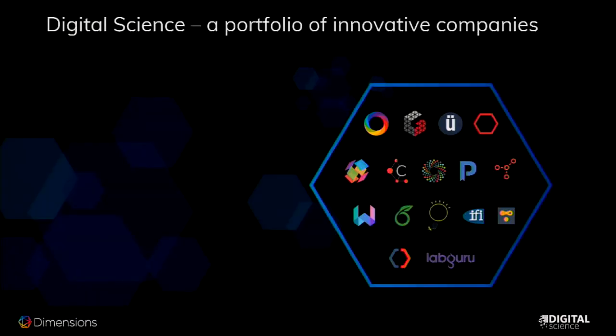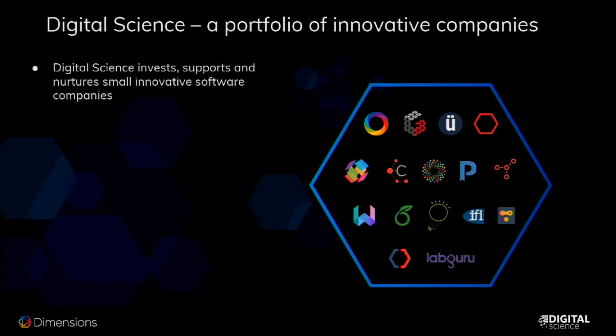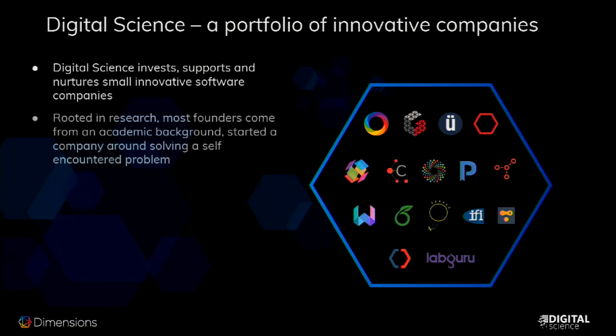So Digital Science is a portfolio of companies. You might recognize some of these logos, including Overleaf, Figshare, Symplectic, Altmetric, ReadCube. Basically, Digital Science is kind of an umbrella company. We invest in, support, and nurture small companies that provide solutions to problems in the research life cycle.